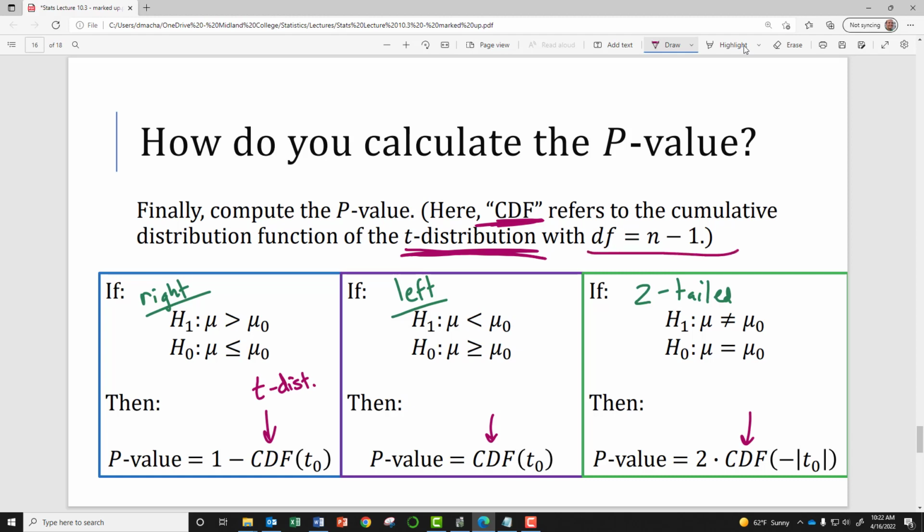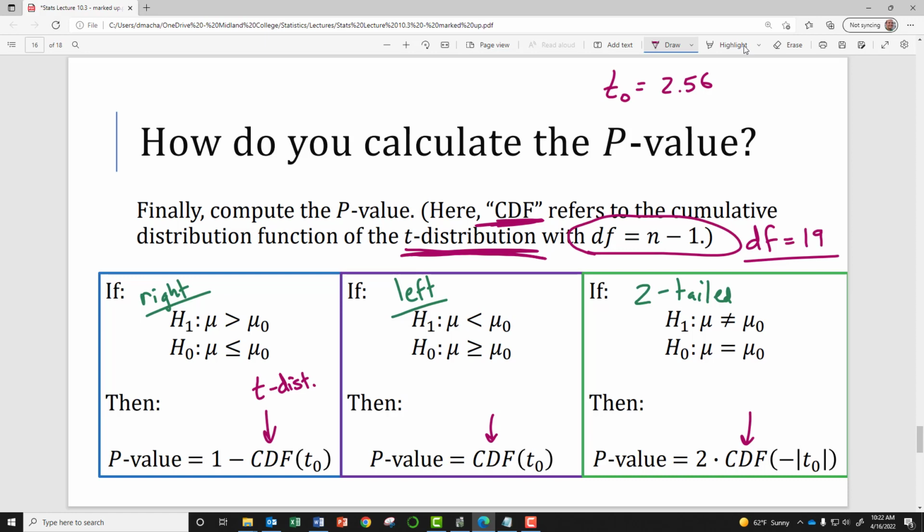And the t distribution is always going to ask us what our degrees of freedom is. Well, this will be n minus 1, which is 20 minus 1 in our example. So our degrees of freedom for my example is going to be 19. And also from the previous page, t naught was equal to 2.56. Now, what kind of hypothesis test are we doing?